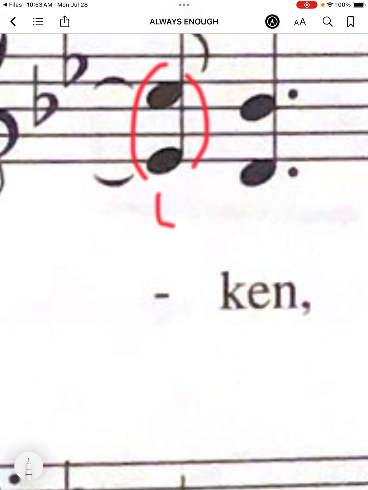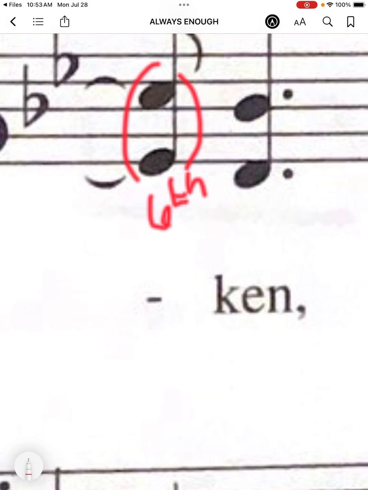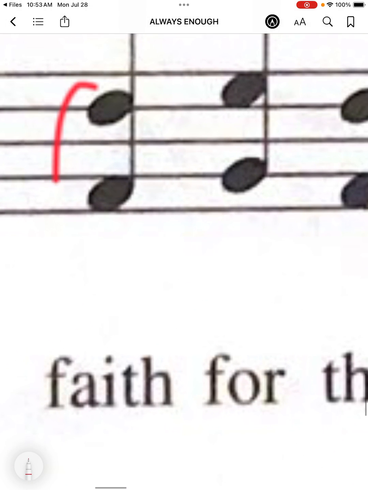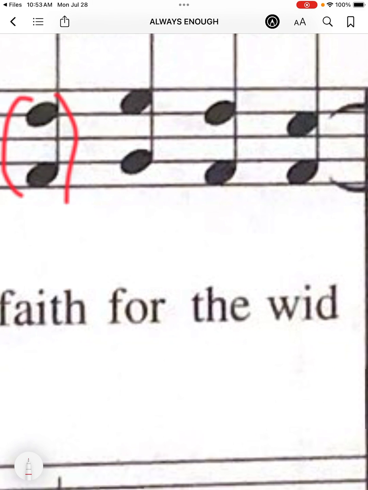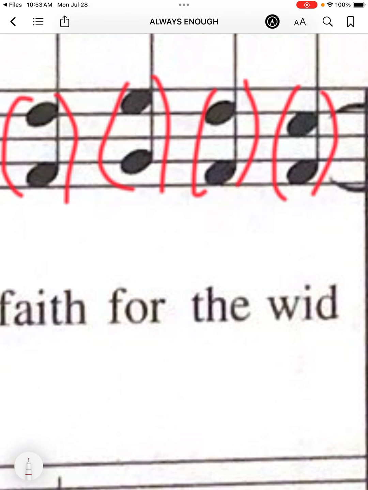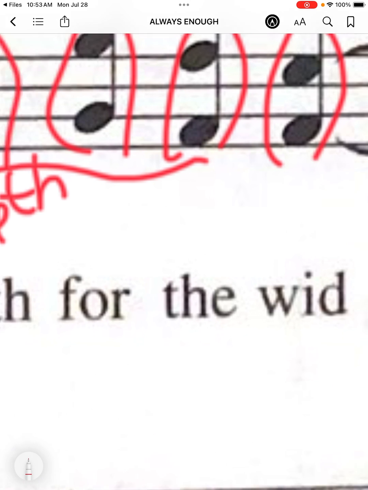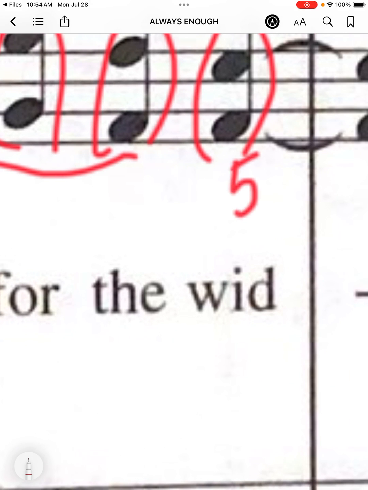These are a 6. This is a 6. A 6. A 6. And going down to a 5th. So it'll be 6 on all of these ones right here. And then a 5th.